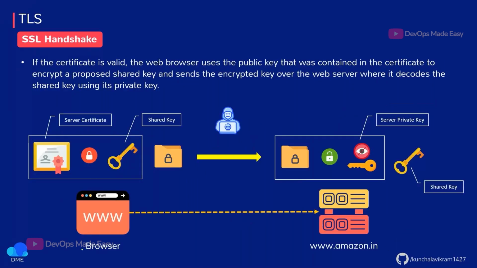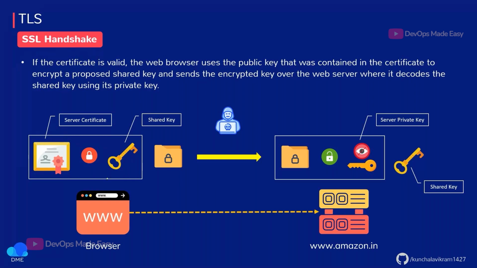Now, since I have the server certificate with my browser, instead of directly encrypting my data with that key, I'll create a session key. It is not data yet, it is just a key which your browser created. Now I will encrypt it with the server's certificate, or the public key.